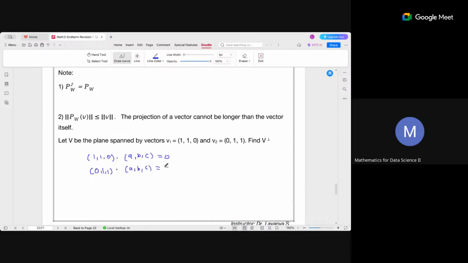If you do this, you get a + b = 0 and b + c = 0. From this, b = -a, and c = -b, so c = a. So V perp is nothing but (a, -a, a). So this is your V perp, right?